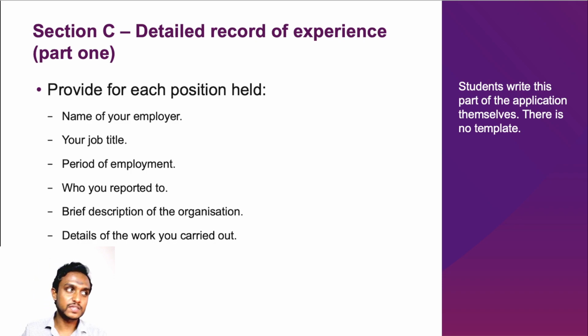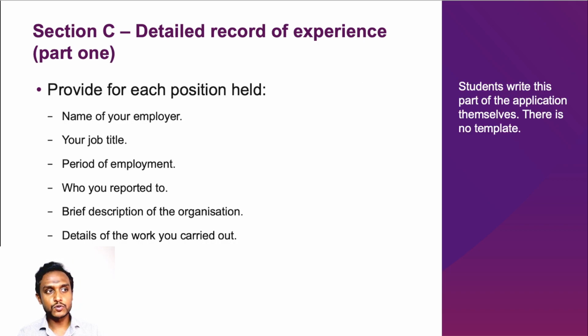That is not going to add any kind of value to your PER application. Keep the organizational description very brief, and then the details of the work you carried out. That is what we call the detailed record of experience, which means you have to write in essay format, in your own words, to prove that you've accumulated the basic core and supplementary experience. For each of the positions held, you have to write your essay format presentation of proof.